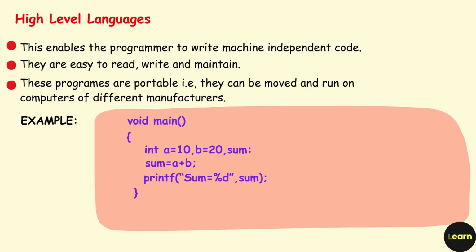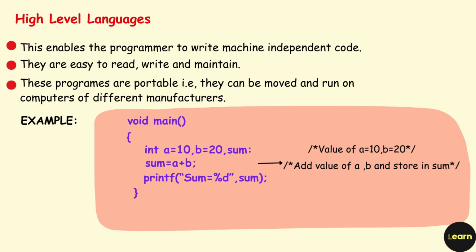Int a equals 10, b equals 20, sum: this line represents the instruction as value of a equals 10, b equals 20. Sum equals a plus b represents add value of a, b and store in sum. Printf, sum equals %d, sum represents print the result on the screen.